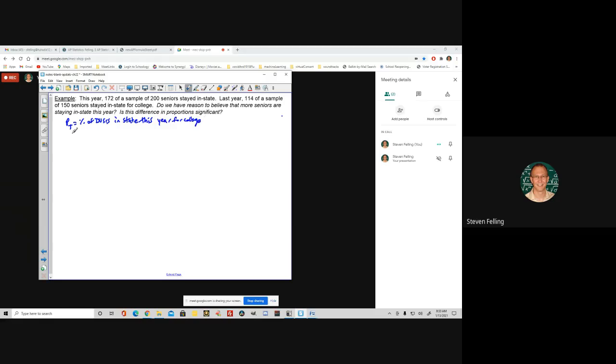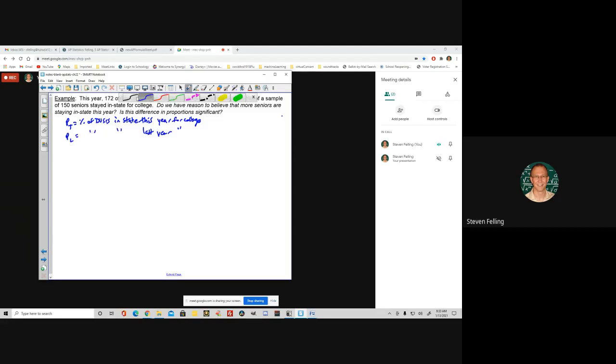Okay, and then I'm going to define a symbol called PL for last year. Okay, and that's going to be, you can use quotes, the percentage staying in state last year for college. Okay, so I've defined symbols here, and then I'm going to use those symbols to make hypotheses.